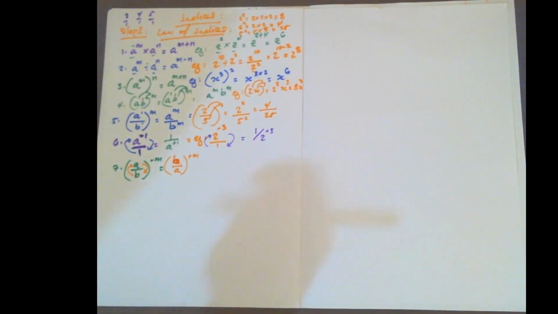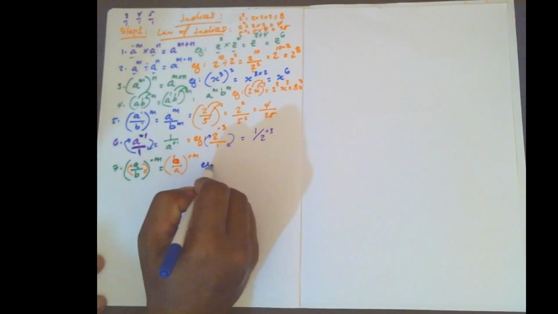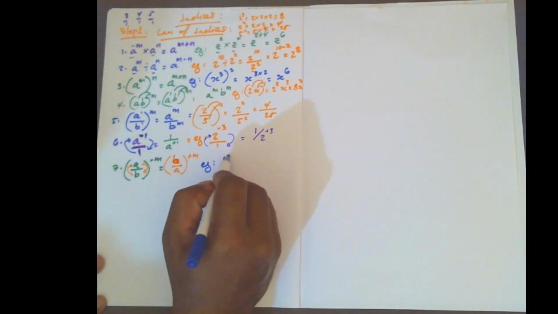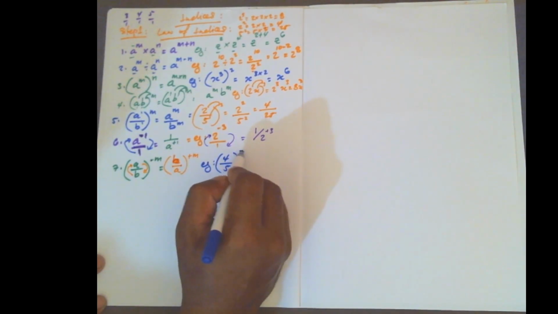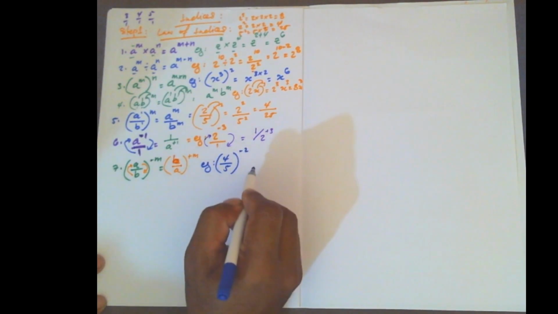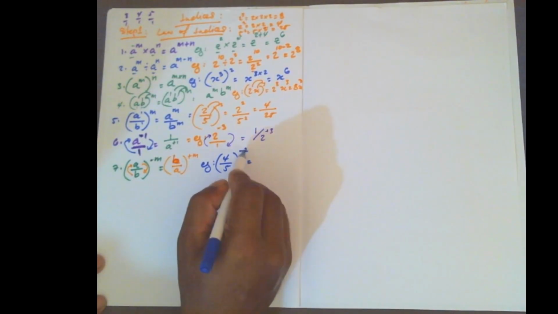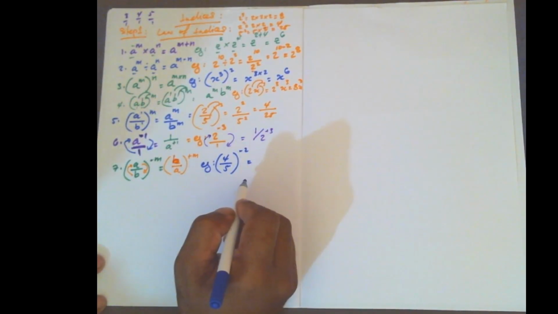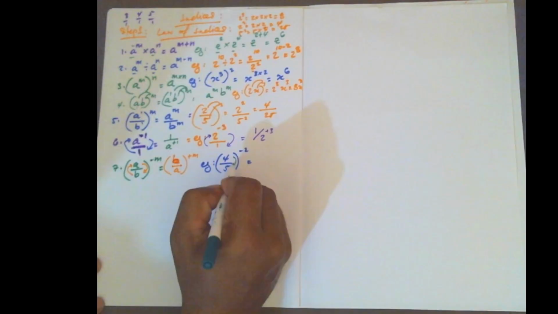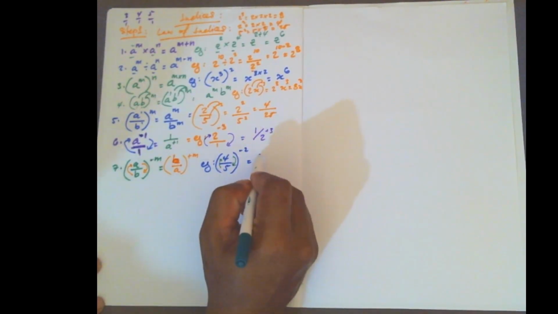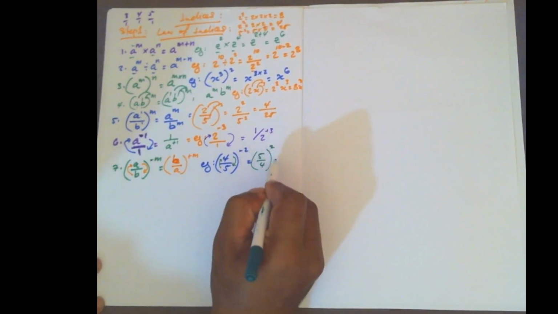Let's look at some example. Suppose we have 4 over 5 raised to the power of negative 2. Now my power is negative, so what should I do? I want to make my power positive. I'll reciprocal this. So this is 5 over 4 raised to the power of 2.